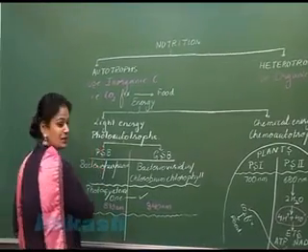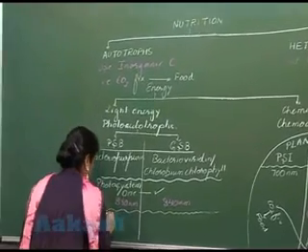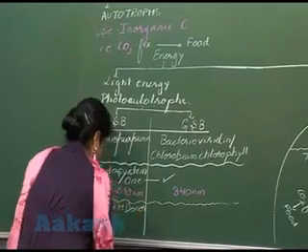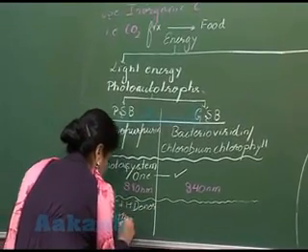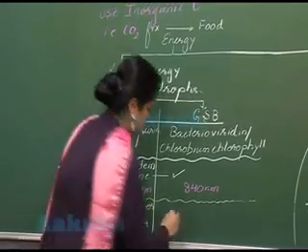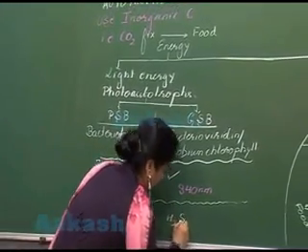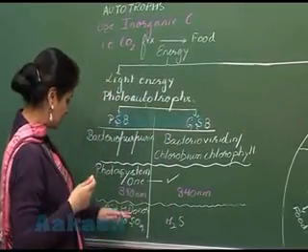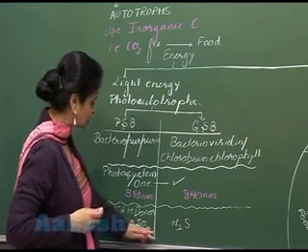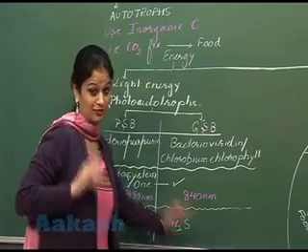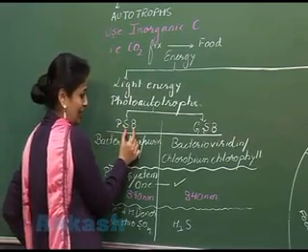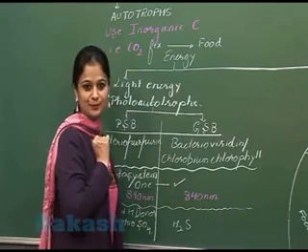In the case of the purple sulfur bacteria, the electron and hydrogen donor is sodium thiosulfate, right? And in the green sulfur bacteria, it is H2S. So you can see in both these cases, the electron and hydrogen donors are sulfurous compounds. That's why we are calling this category of bacteria as sulfur bacteria.